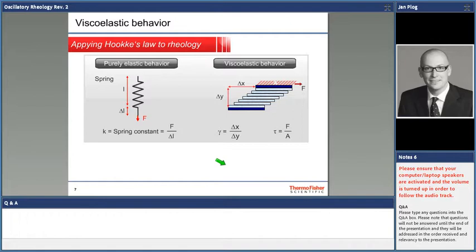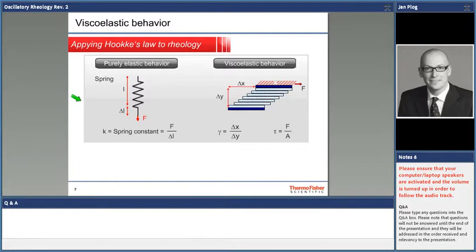The complex modulus G star. However, you will see later on this complex modulus incorporates not just the elastic components of your viscoelastic fluid, but also the viscous components of your fluid. And I will show you how easy it is that we can separate them into viscous part and elastic part, but more on that later.